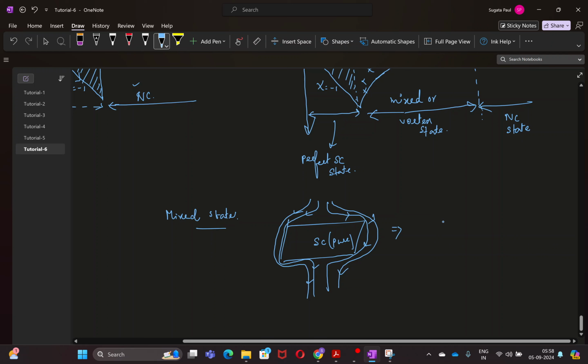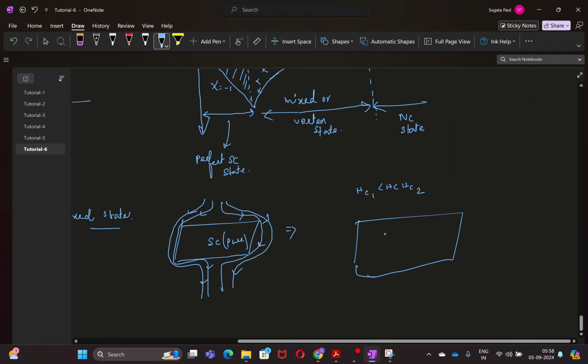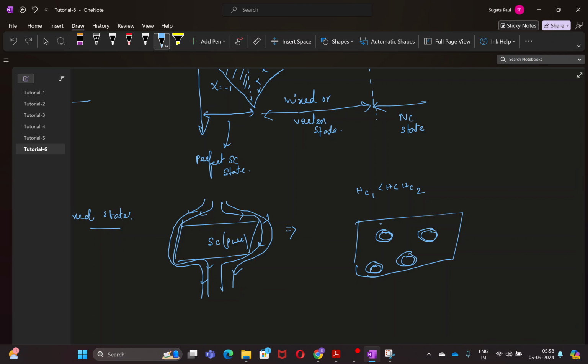But in the mixed state, between Hc1 and Hc2, some change happens. If this is a superconducting sample as before, now there are small regimes where the flux is able to enter or penetrate through, and around those points, because this is the normal part among the superconducting background, there will be a screening current circulating around those points.